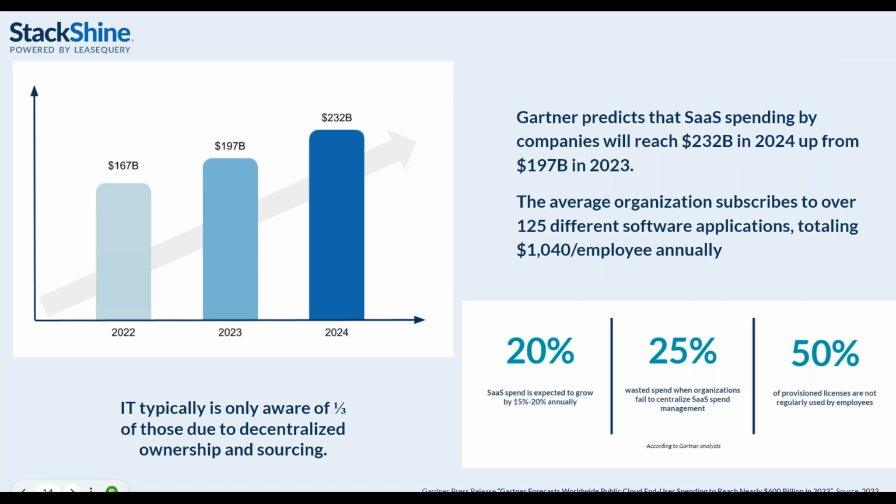A lot of this money is wasted on licenses and software that isn't even used by employees. About 50% of these licenses are not actually regularly used. That's because, like we're going to talk about, you've got zombie accounts, SaaS sprawl and shadow IT, and it just gets out of hand, with the different ways that it's purchased in an organization.